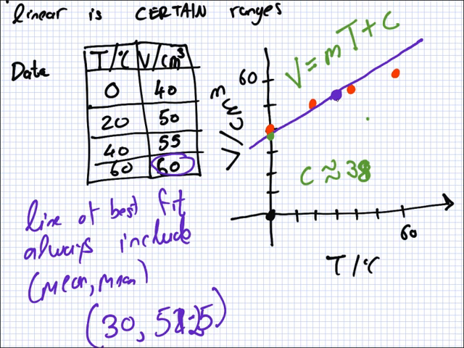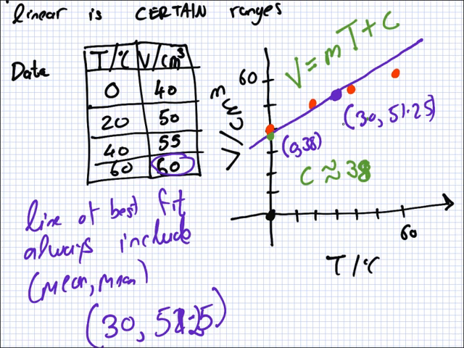Should I use one of the red points? No, why not? It's not on the line anyways, but I do know that this point is on the line, don't I? I'm guaranteed it. The 30 and the 51.25. Now, because I'm saying the c is 38, I'm committing to the fact that I think 0, 38 is on the line. Because otherwise, if I didn't think that, then I shouldn't be saying c is 38.